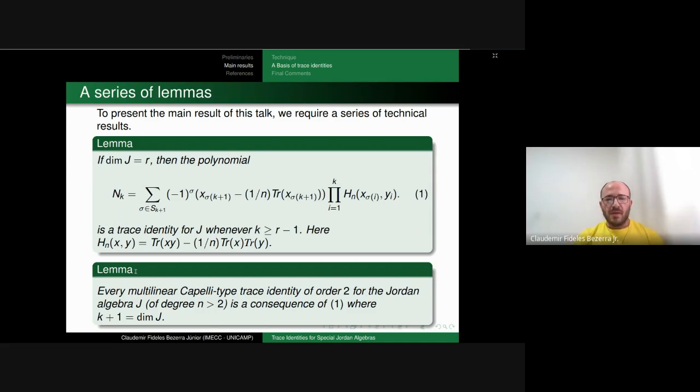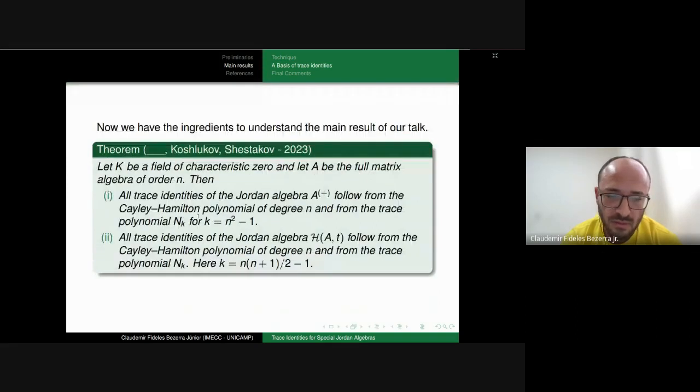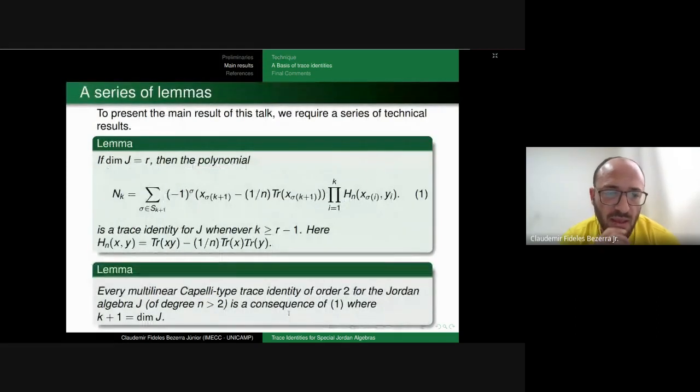It's necessary because this remark said that if k is equal to 1, I need only the Capelli type trace polynomial of order 2. And the lemma brought this result.